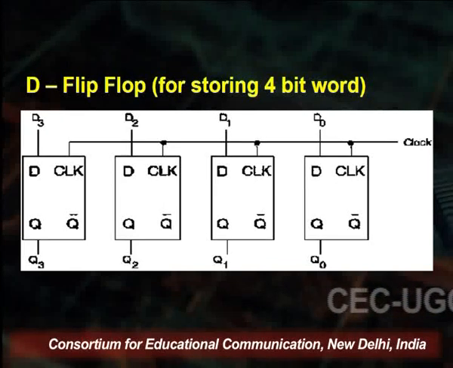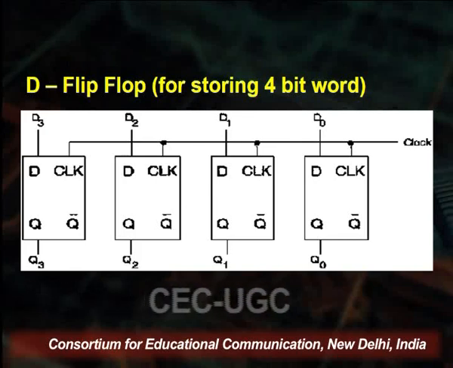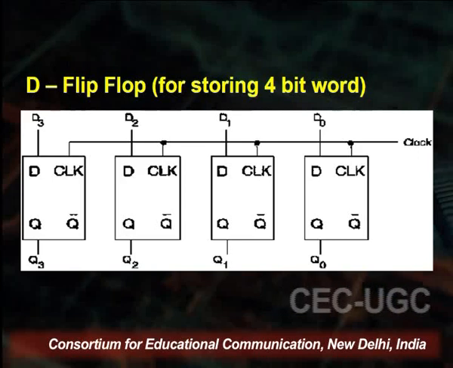Initially, with the first clock pulse, when we reset this word, that is the 4 D flip-flops, the output Q3, Q2, Q1 and Q0 were 0, 0, 0, 0. The moment we switched on the clock and the data flowed into the D flip-flops, the output changes to Q3, Q2, Q1, Q0 as 1, 0, 1, 0.